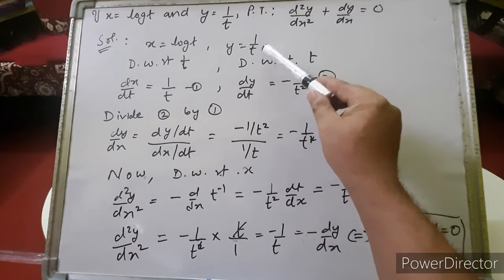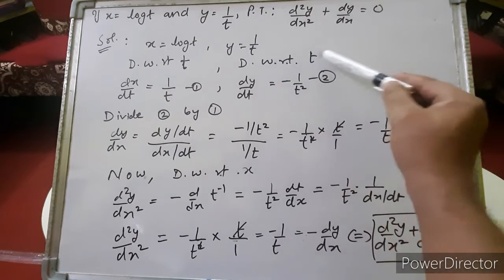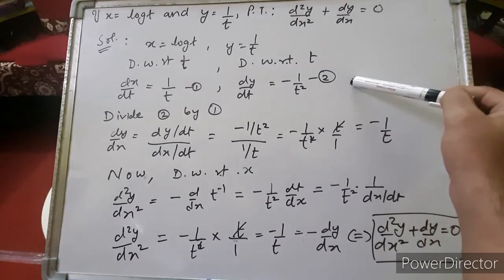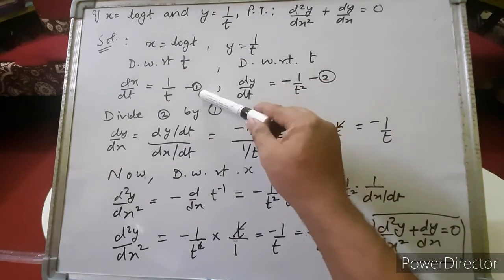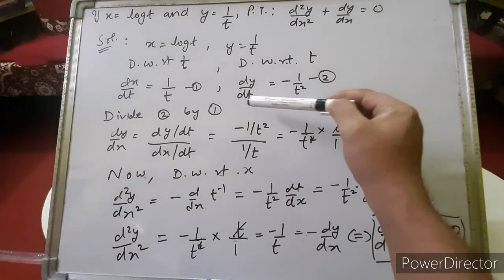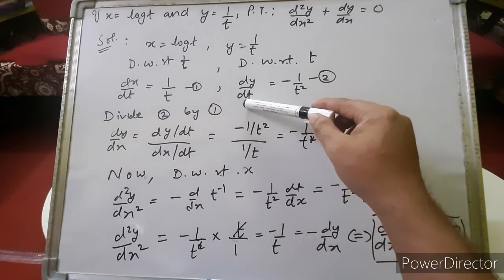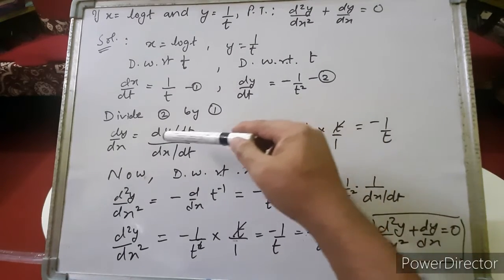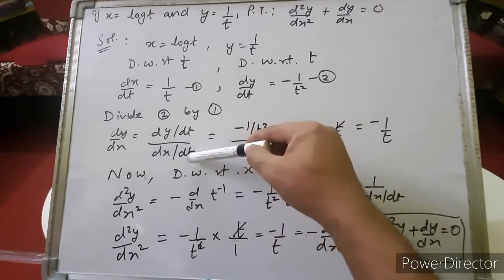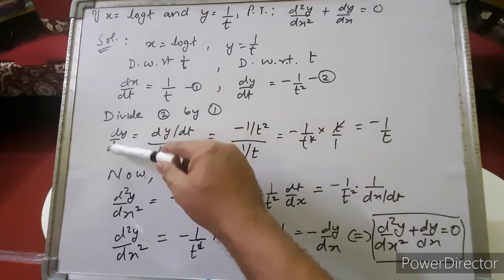And y is 1 upon t, that is t to the power minus 1. When we differentiate this function with respect to t, we get dy by dt as minus 1 upon t square. So this is the first condition, and this is the second condition. We divide 2 by 1 to obtain dy by dx. So dy by dt upon dx by dt, and we get dy by dx.